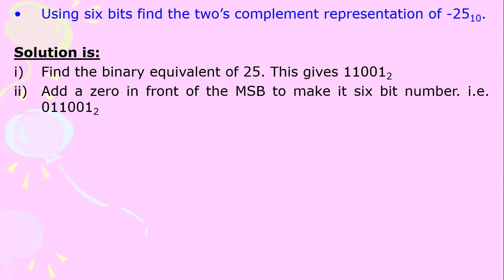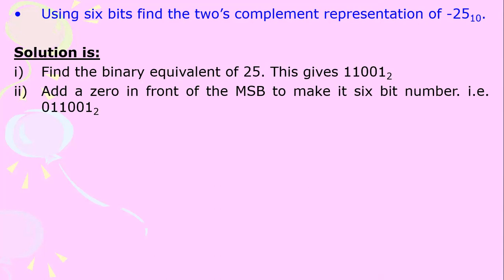Because the binary equivalent of 25 is currently 5 bits, as you have seen in step 1, before we proceed to our next move, we have to make those bits become 6.